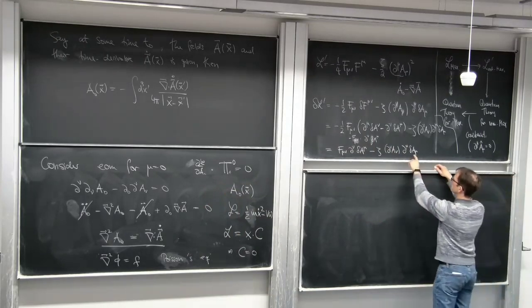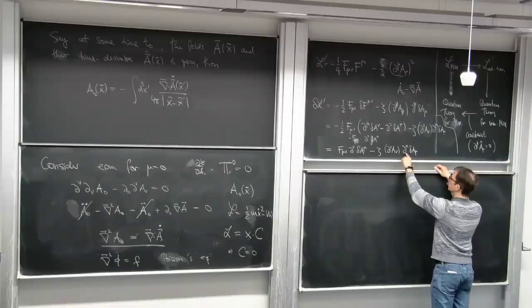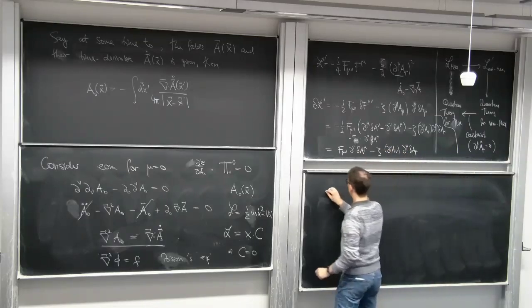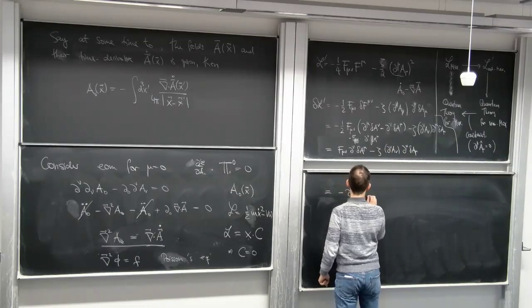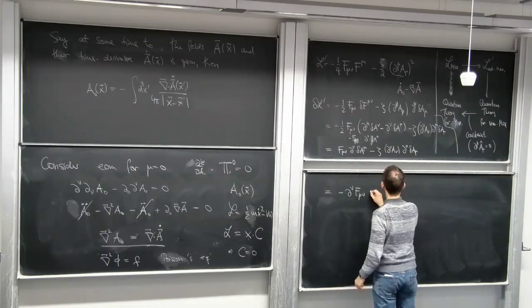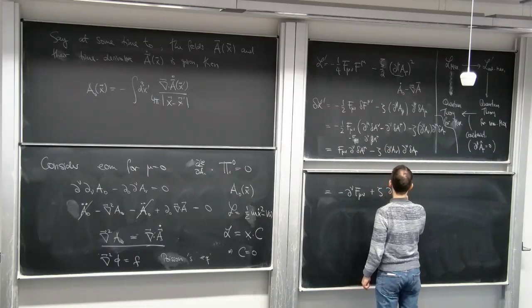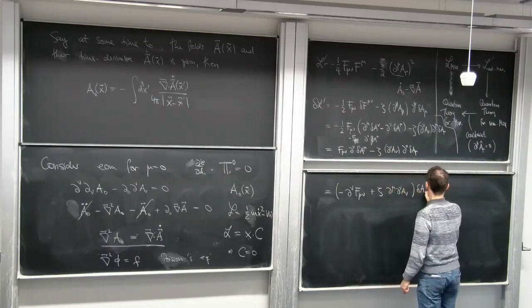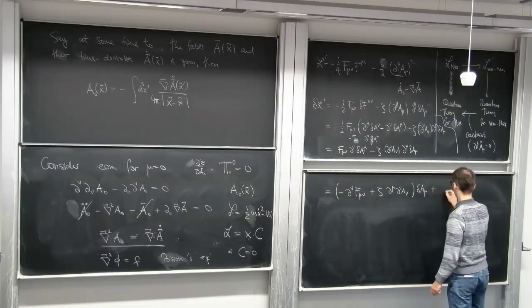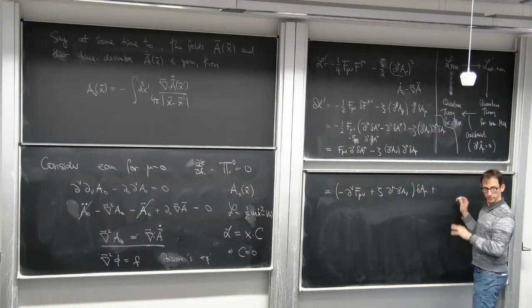Now I guess isolate the delta a mu by integration by parts. So this is equal to minus the mu f mu nu in the first term plus zeta e mu d mu a mu, and the whole thing times delta a mu plus the surface terms for my partial integration.